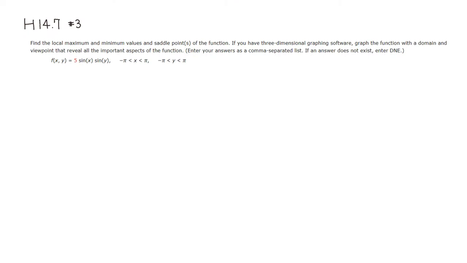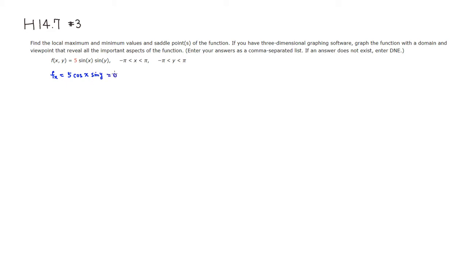First, we have to take the partial derivative of f with respect to x. The 5 is just a number, and the derivative of sine is cosine, so it's cosine of x. Then sine of y is just a number, so I'll keep it as it is. We want to set that equal to 0.